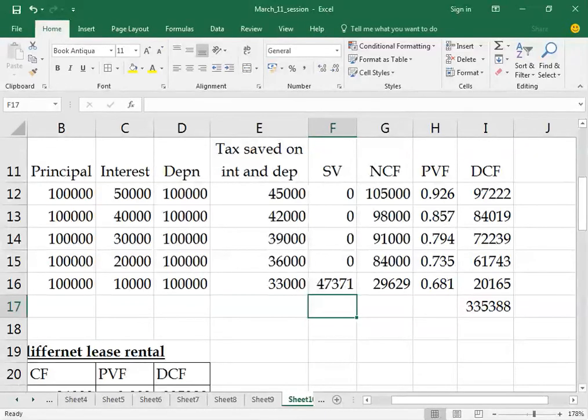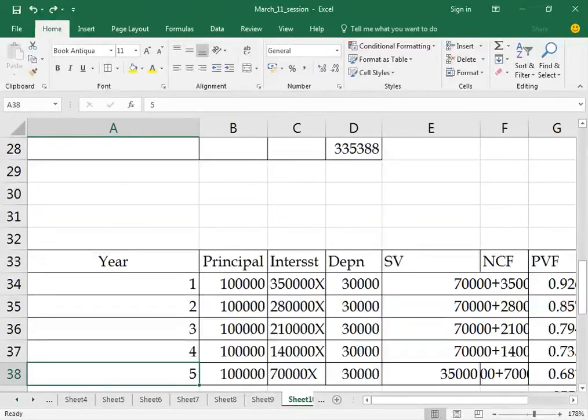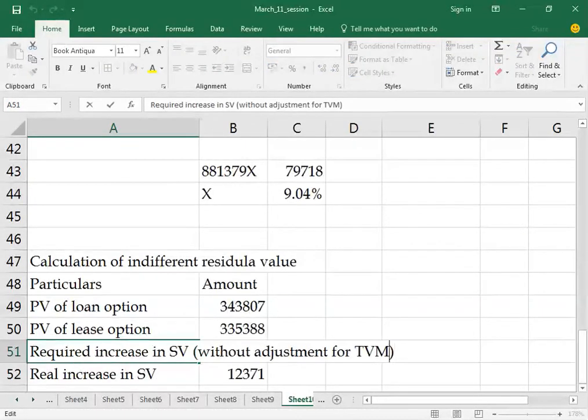Instead of 35,000, if I can make it 47,371, the job is over. I'll get 335,388. Now wait. Sorry, all these are NSV.